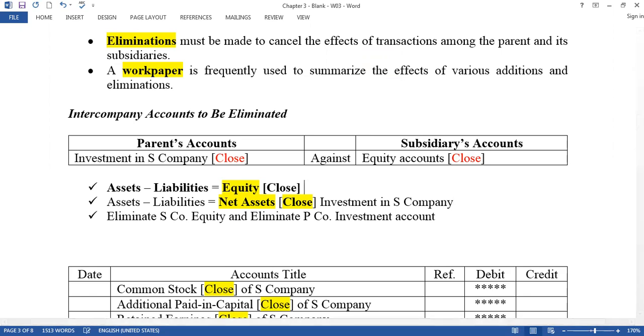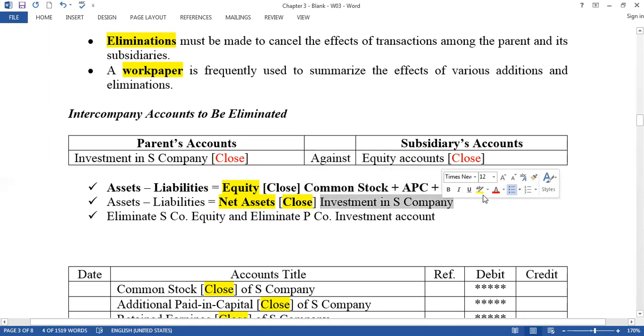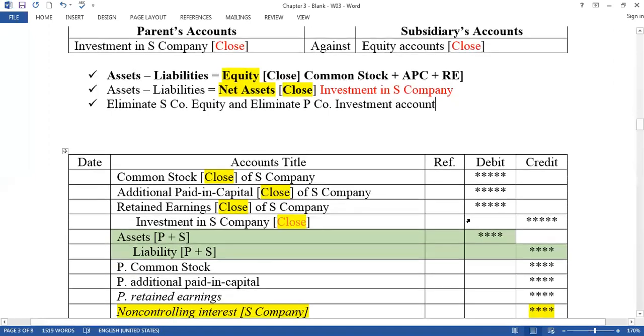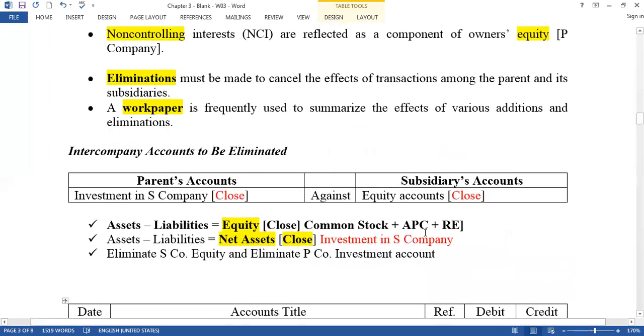That means we are going to close common stock plus additional paid in capital plus retained earnings. So we have to close these three accounts, and we have to close the investment in subsidiary account. And how to close it? I told you that the normal balance of these three accounts is credit.